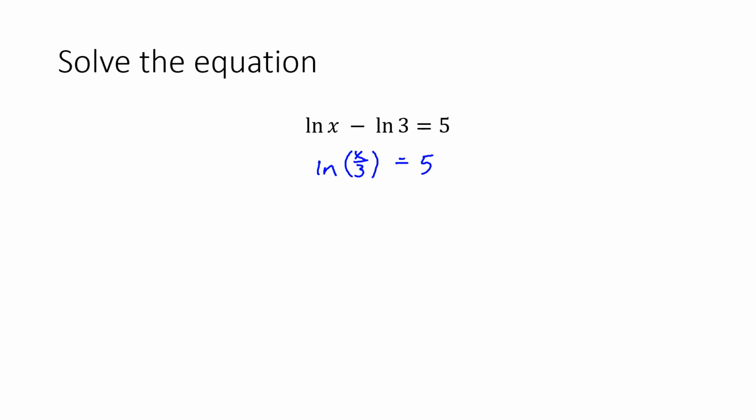What we need to remember is that natural log is the same as log base e. So natural log has e to the x as its inverse. So in other words, this is the inverse of log base e to the x, just like 5 to the x is the inverse of log base 5 of x.